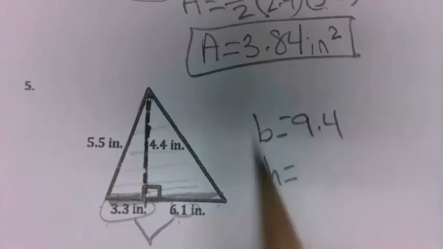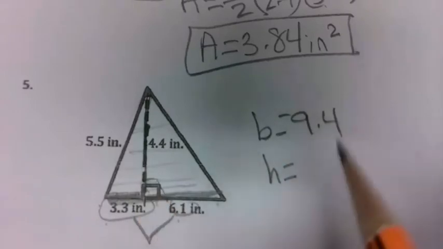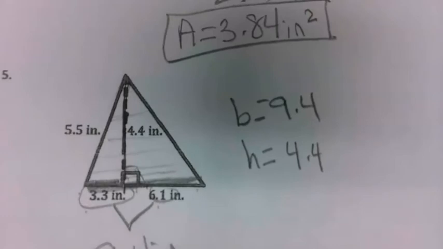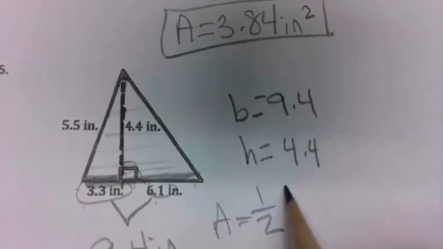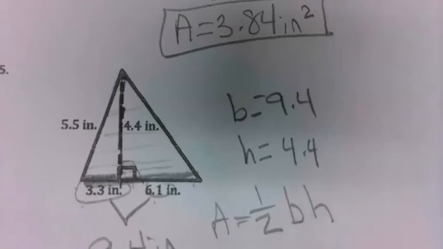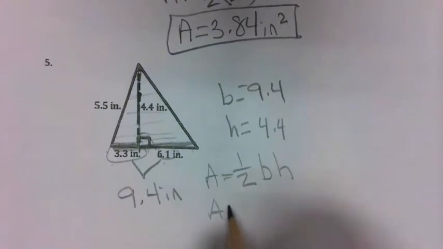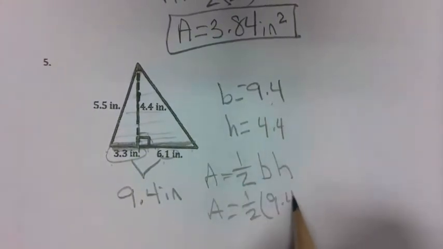And my height, remember, is my perpendicular line. I want to look for that right angle, and it is 4.4. And now all I do is put it in my formula. 1/2 times base times height. Whoops, you can't see anything I'm writing. All right, so area, 1/2, what's my base? 9.4.